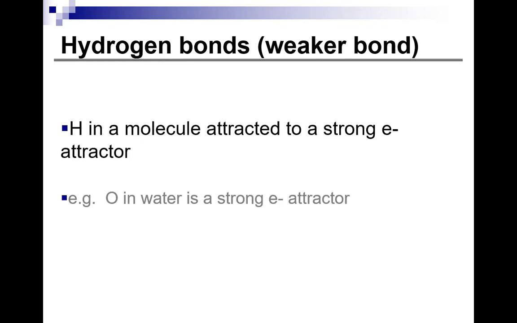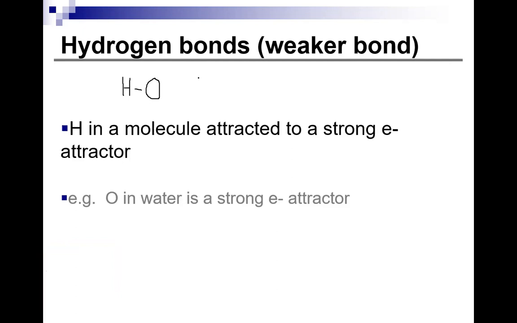Hydrogen bonds are weaker bonds, and they basically form in between molecules that are already made. When we look at hydrogen bonds, they happen specifically in molecules that contain one of these three combinations. If you have hydrogen directly bonded to oxygen, like in water, the oxygen is very electronegative compared to the hydrogen, and it creates those dipoles, the polar regions.